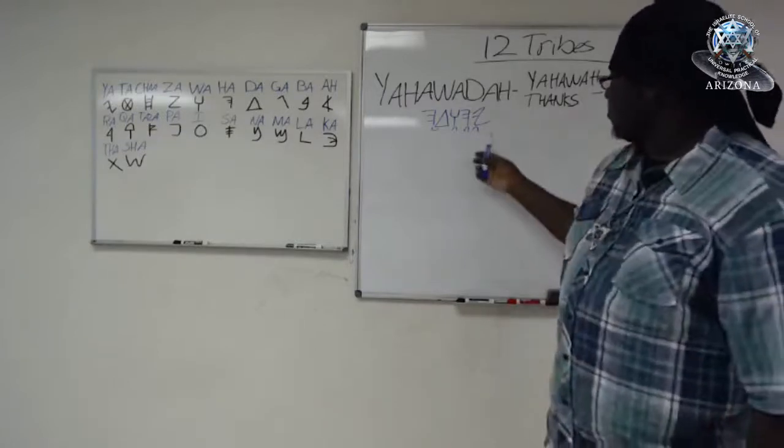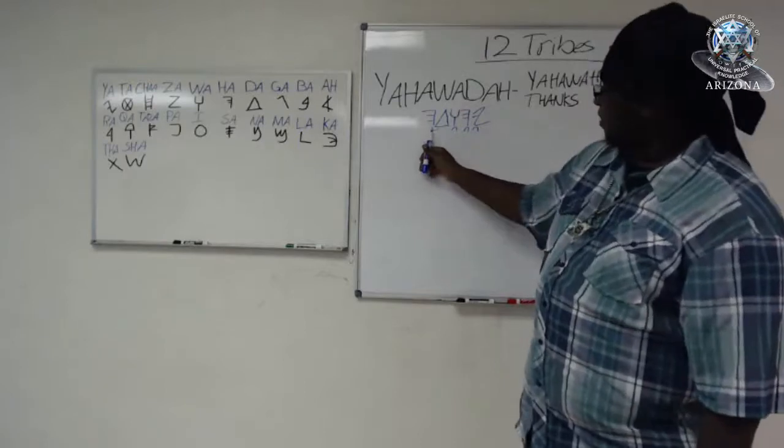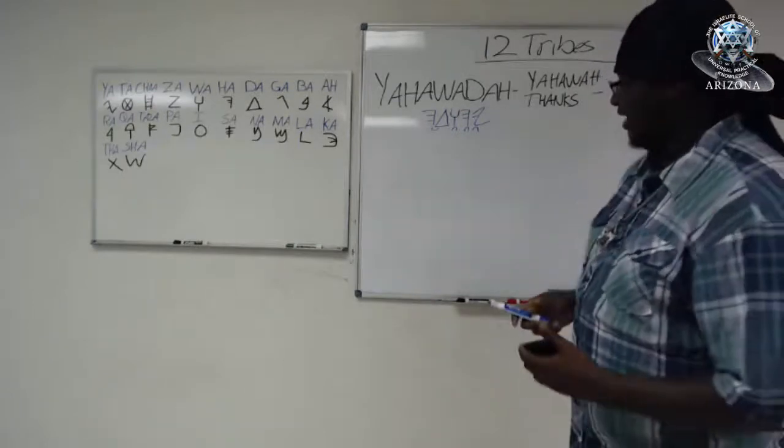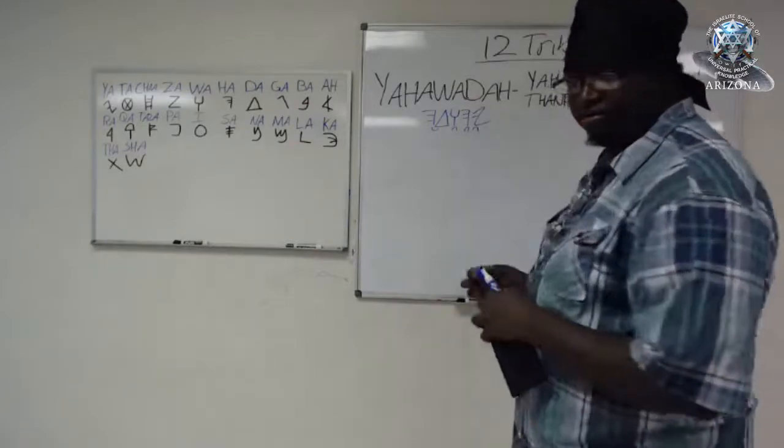So-called Negroes. Here's the spelling: Yah, ha, wa, da. We should put the connector for the da in the ha to give you that da sound. The ha, wa, da.